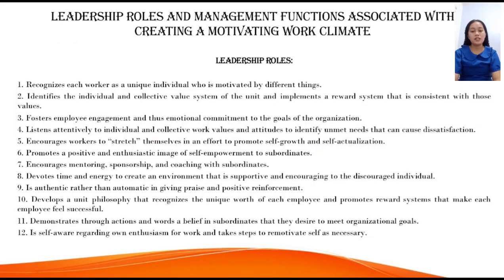And then we have here leadership roles and management functions associated with creating a motivating work climate.